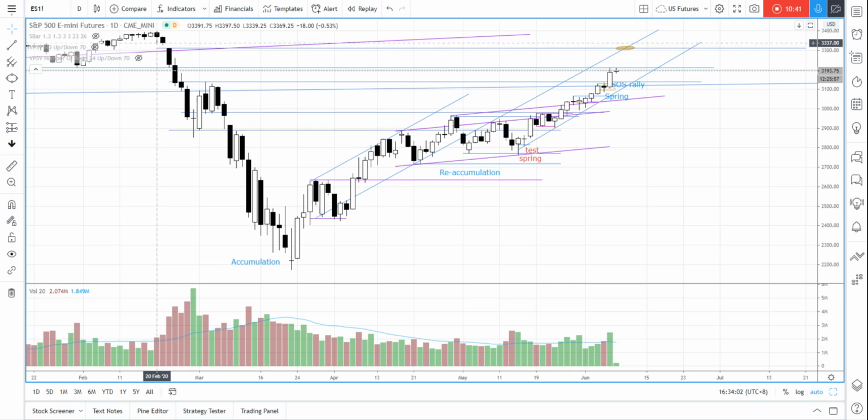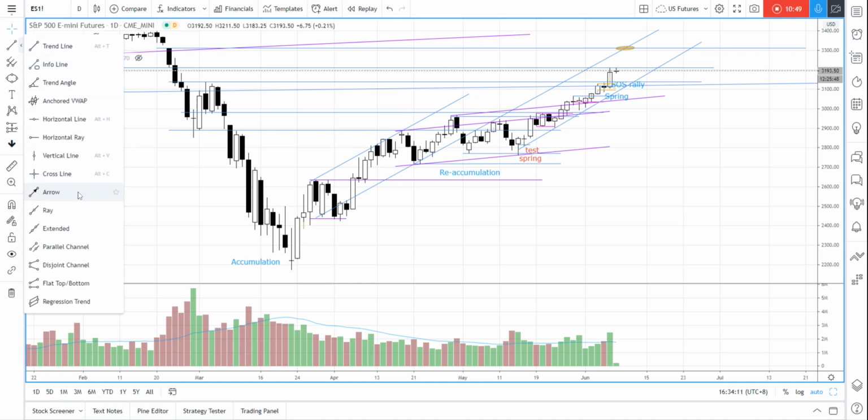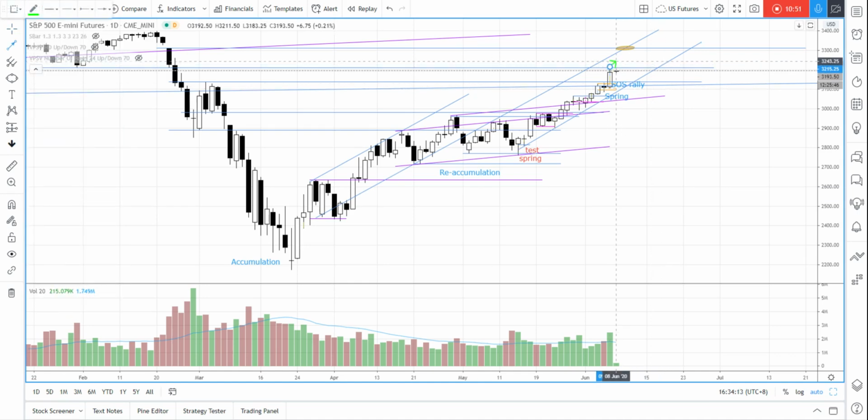And we can see that there was a gap here, so there's a gap resistance there. So I think on a larger time frame, we still have a bit of room to go up, maybe to hit this overbought level until we see some pullback, and eventually it could go to an all-time high. So this is a possible scenario as well.